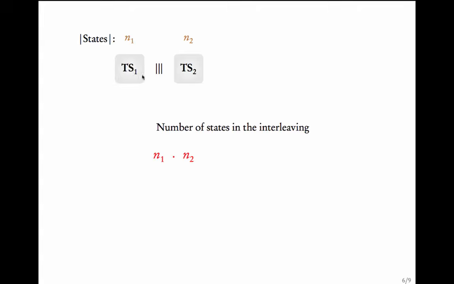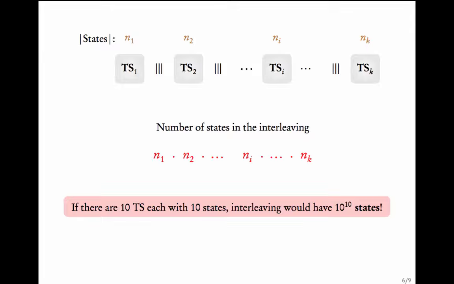If you have TS1 and TS2, TS1 with N1 states, TS2 with N2 states, the interleaving will have N1 times N2, N1.N2 states. If you continue this argument, suppose we interleave K transition systems.